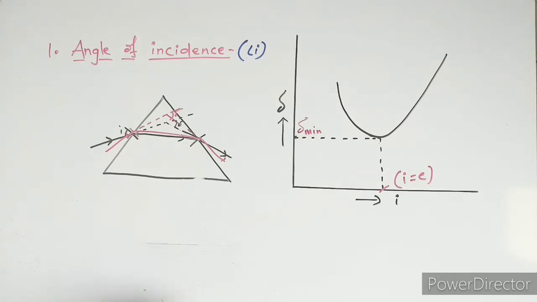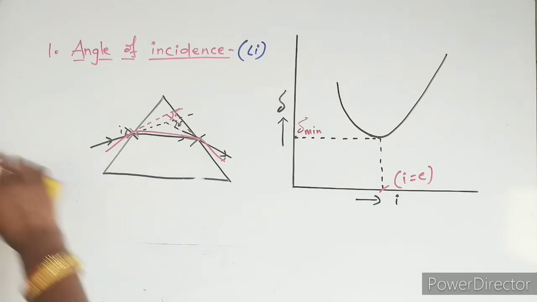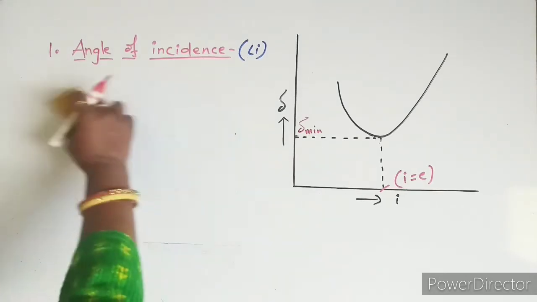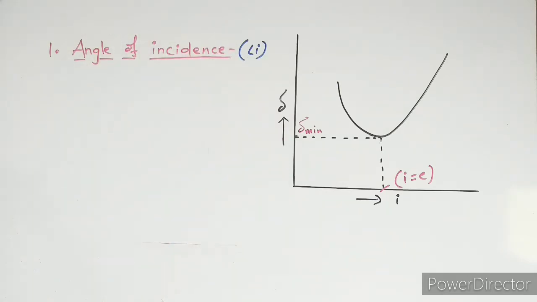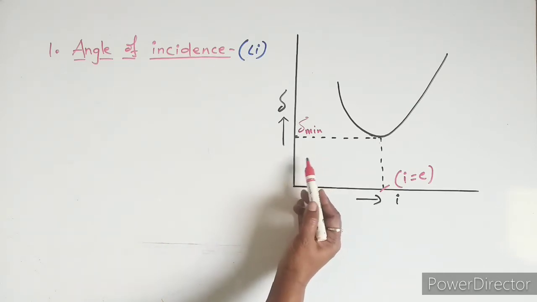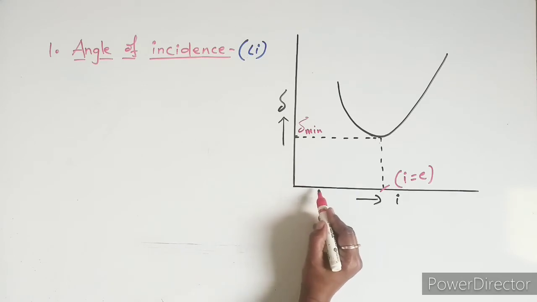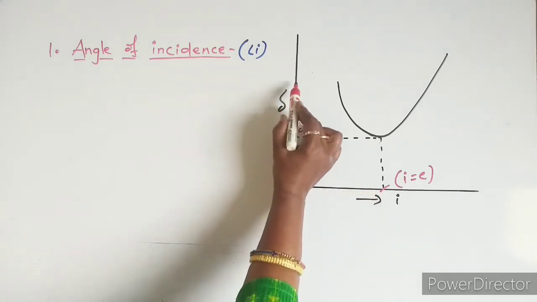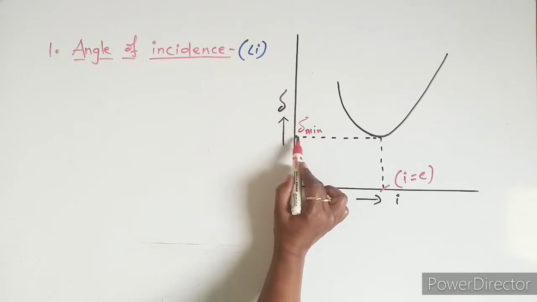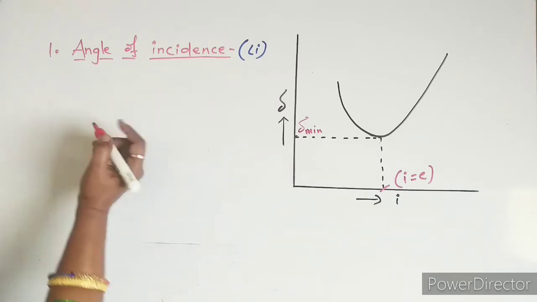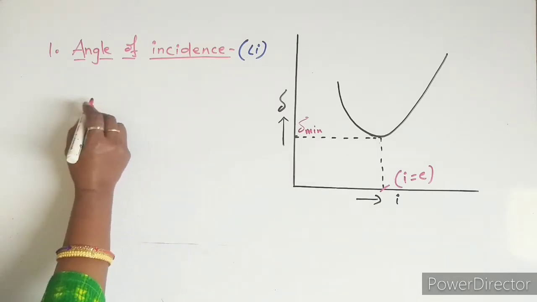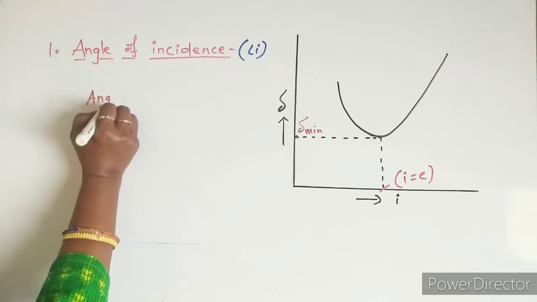Okay, so it is experimentally seen that whenever we change the angle of incidence, the angle of deviation also changes. And first of all, from the graph we can see, when we increase the angle of incidence, the angle of deviation goes on decreasing, and it decreases up to a point, and that situation is known as the angle of minimum deviation.